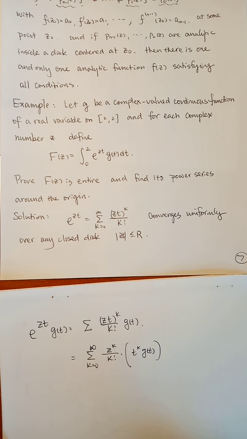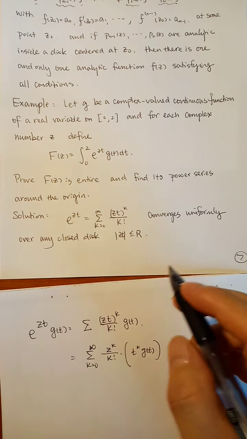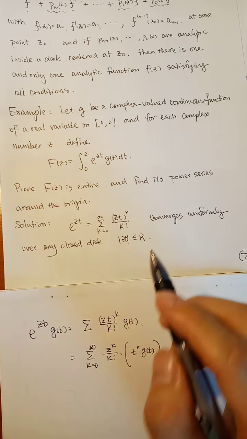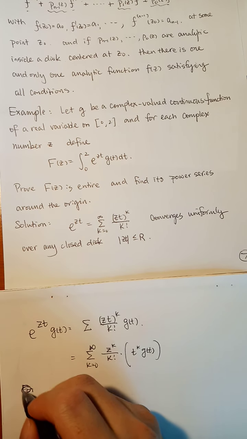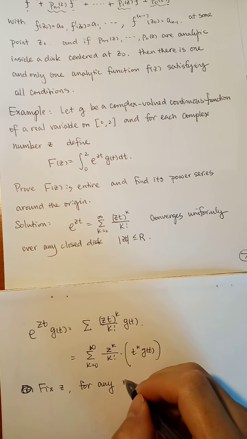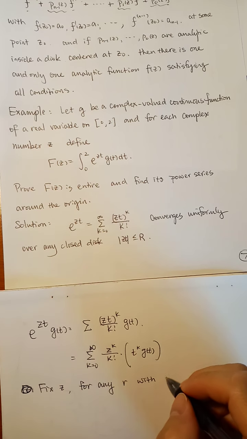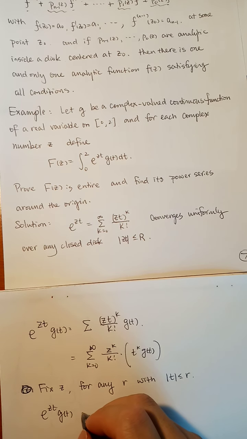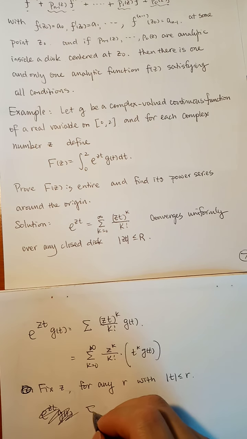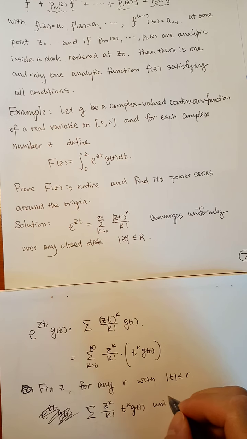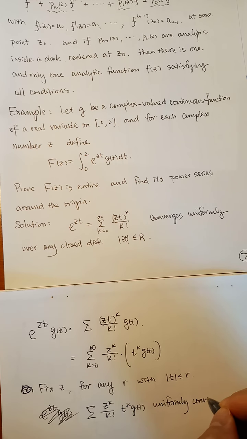So if we fix z, this uniformly converges to e^(zt) g(t).